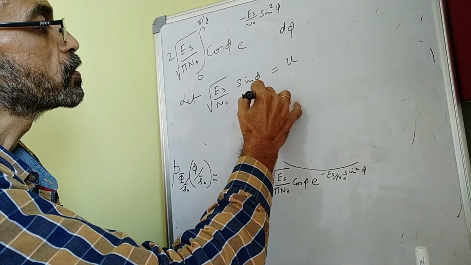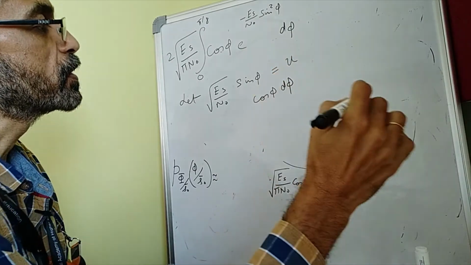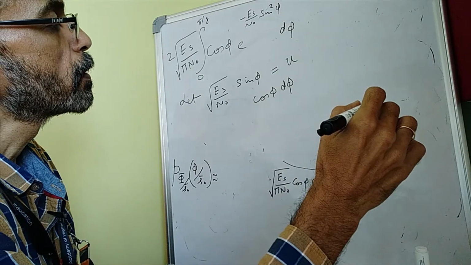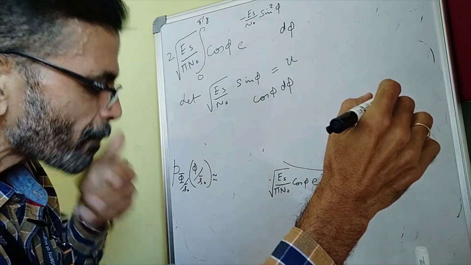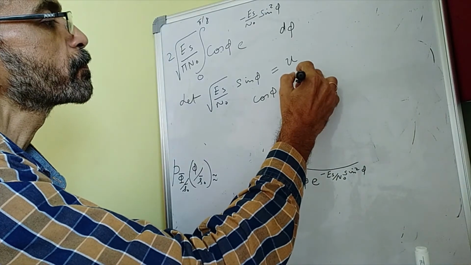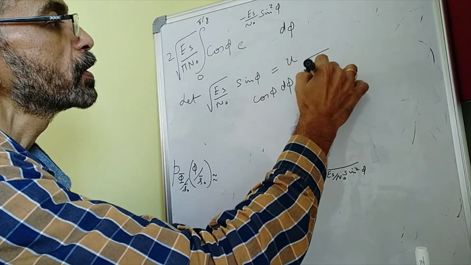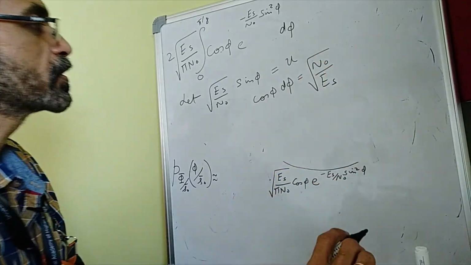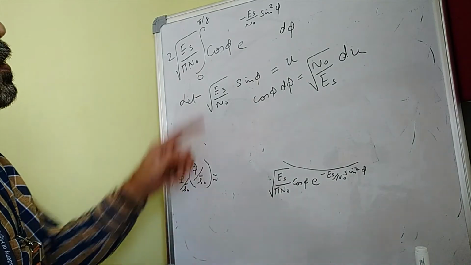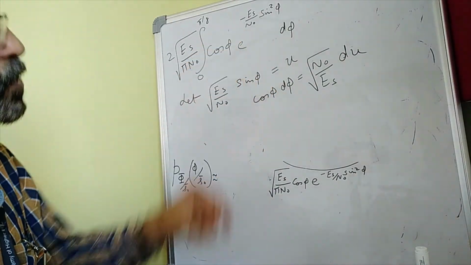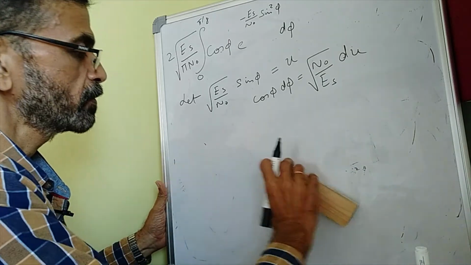This means that cos phi d phi is equal to sqrt(N0/Es) du. So in place of cos phi d phi, you substitute this, that is, we are just changing the variables.